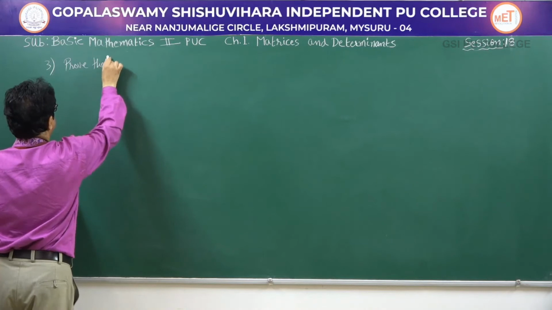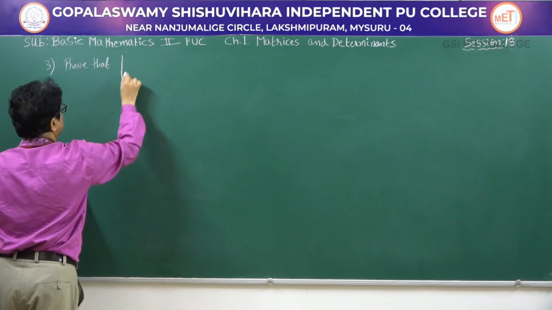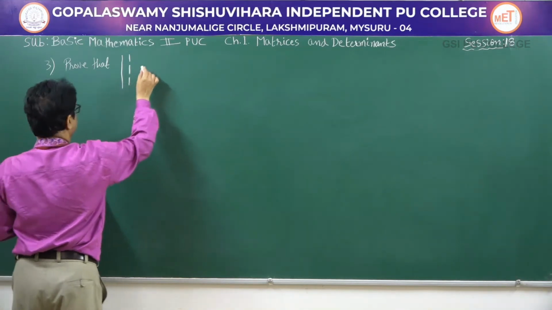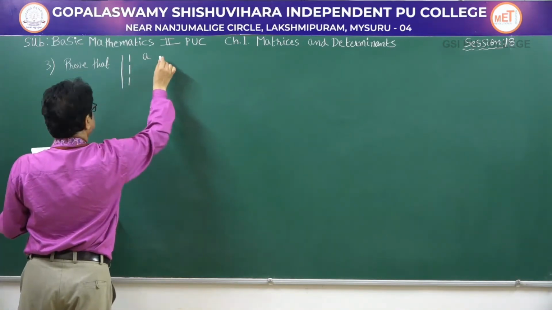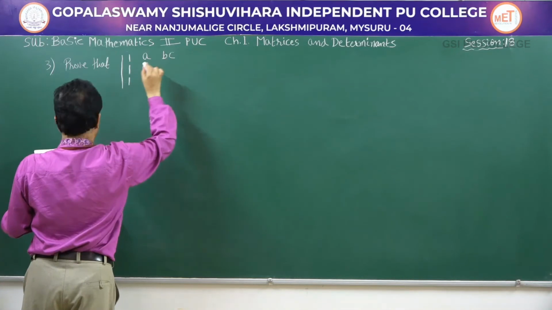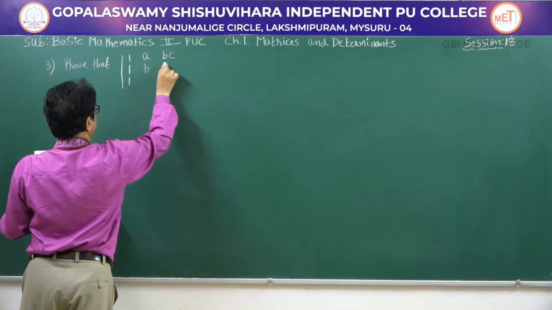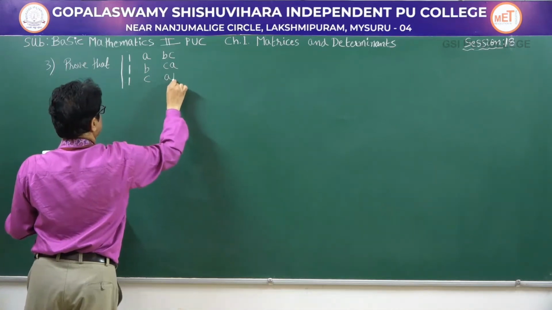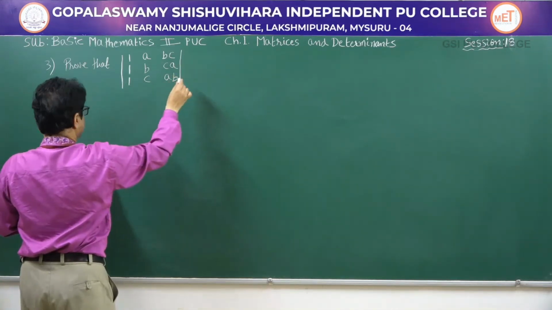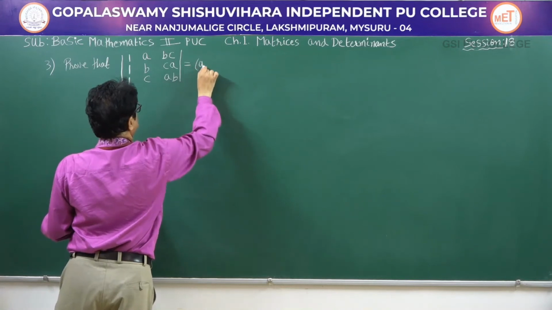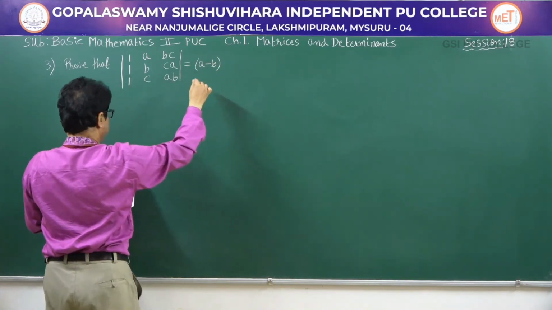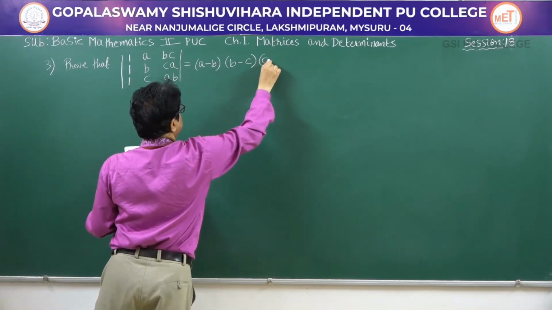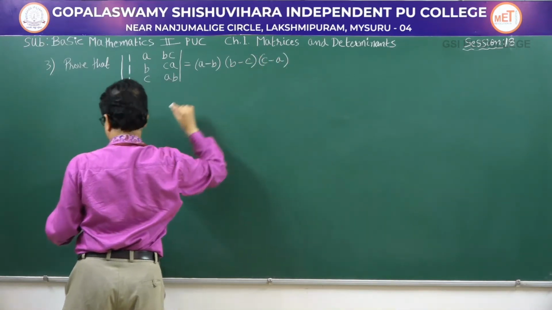Prove that determinant of 1, 1, 1, a, b, c, b, c, a, c, a, b will be equal to a minus b into b minus c into c minus a.